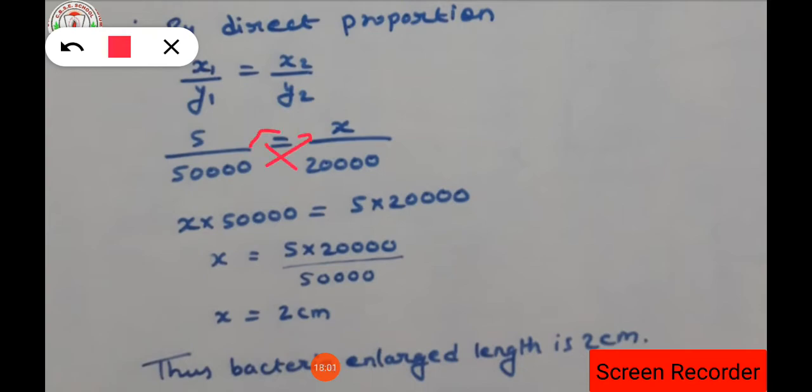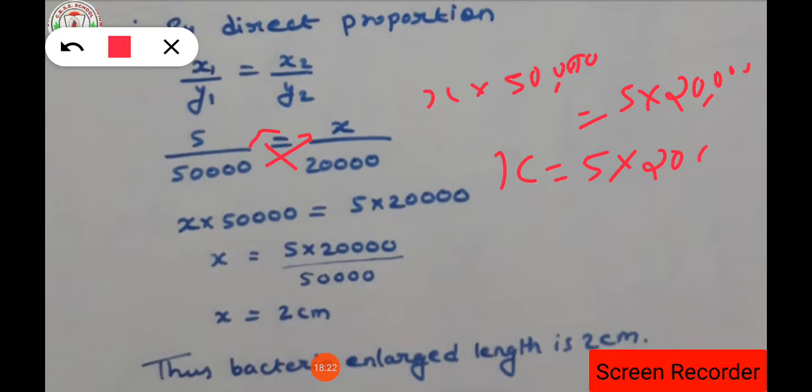When it is cross multiplied, it will be x into 50,000 is equal to 5 into 20,000, isn't it? So x is equal to 5 into 20,000 upon 50,000.